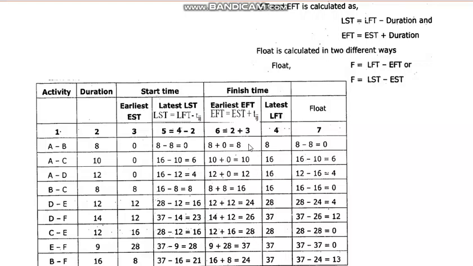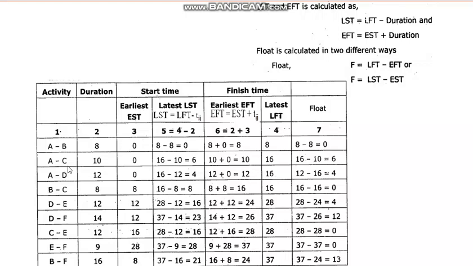Finally we are calculating the float. For float, either you use LFT minus EFT, that means this minus this, that is 8 minus 8 is 0. So here the float or the slack of activity AB is 0.